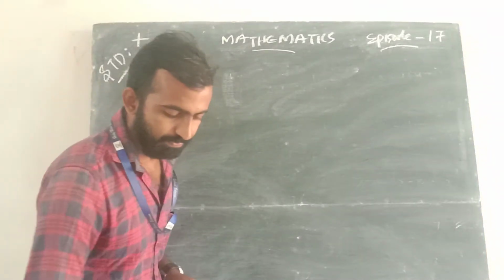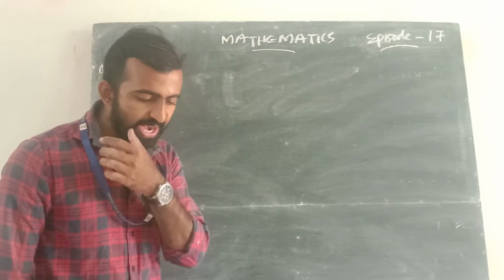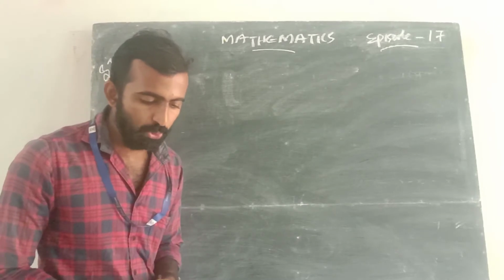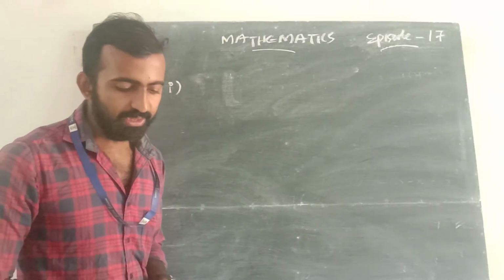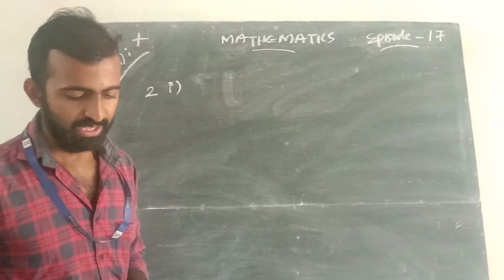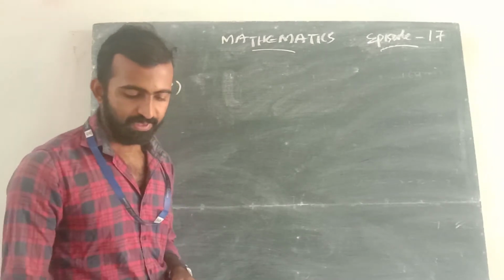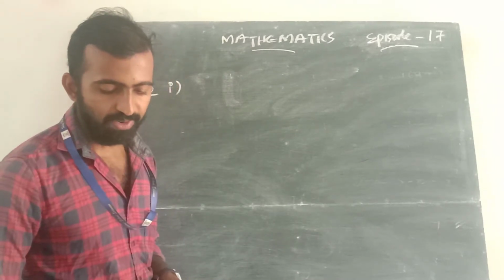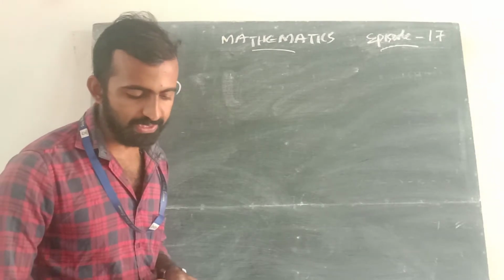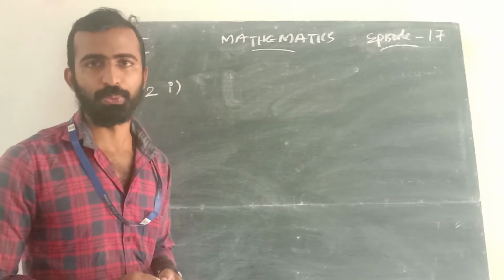Second question is: 5 years ago, Nuri was thrice as old as Sonu. 10 years later, Nuri will be twice as old as Sonu. How old are Nuri and Sonu?